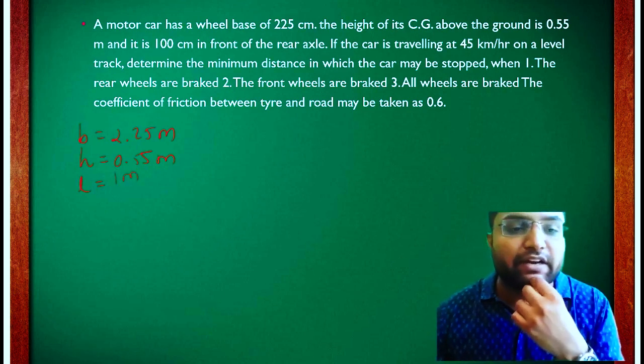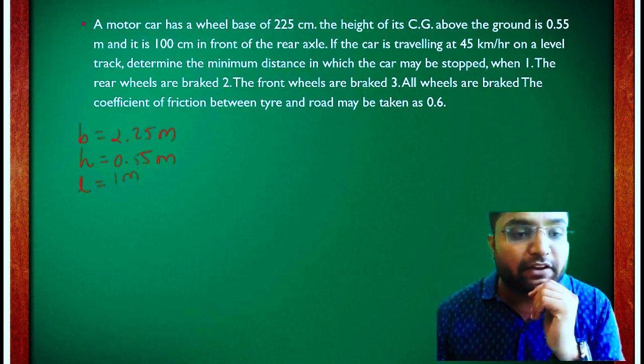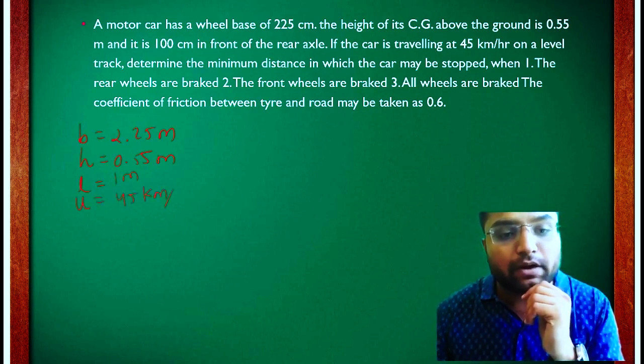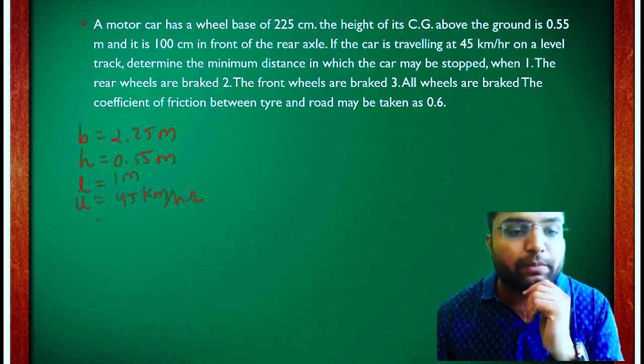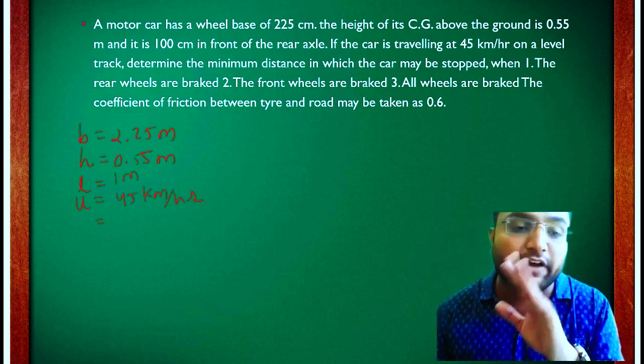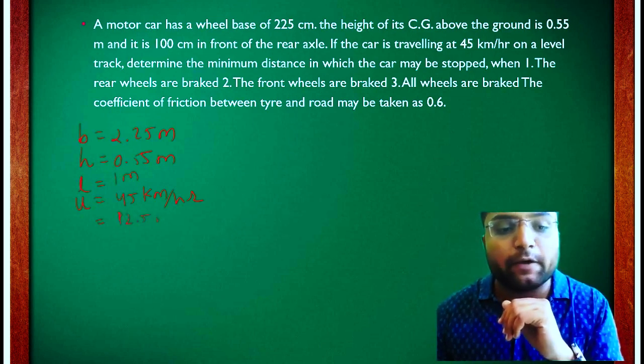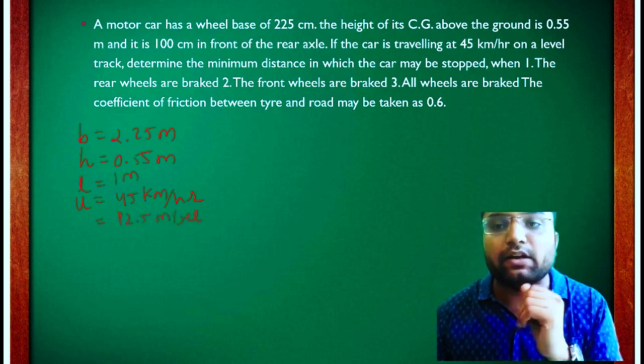If the car is traveling at 45 kilometer per hour, so u is 45 kilometer per hour. If I want to convert into meter per second, all the units should be in SI units. So it is 12.5 meter per second ultimately.